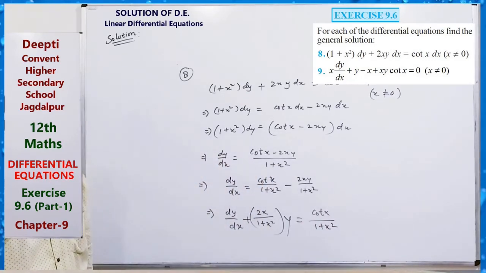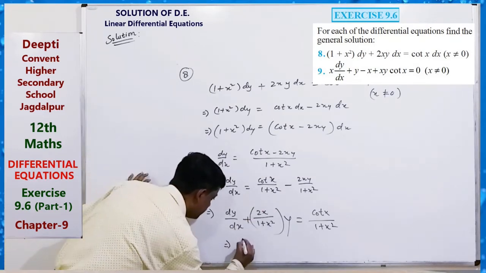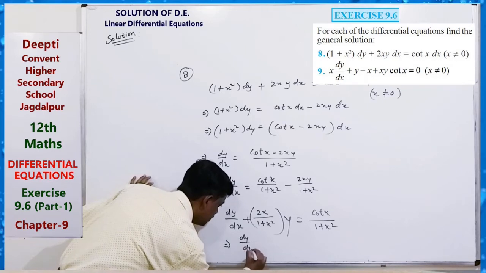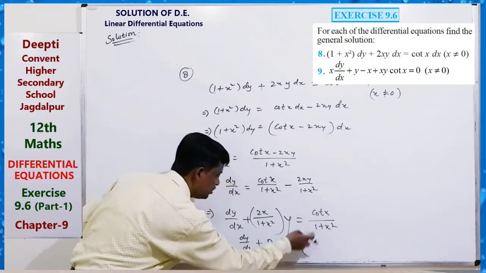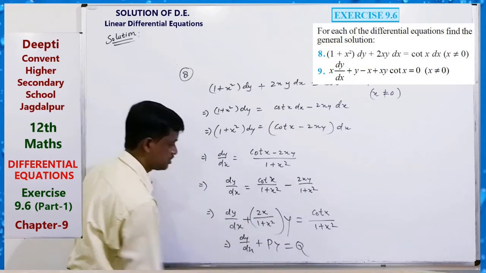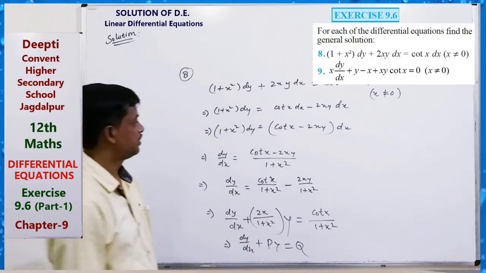Clear? So this is the standard form dy upon dx plus py equals to q, where q is a function of x and p is also a function of x. Linear equation.